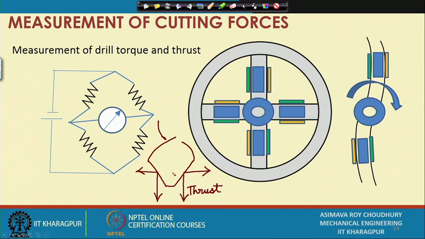Now, in this particular configuration, what happens is, we are having the drill coming from the top. This is the plan view. Okay. In the plan view, we are having 4 beams connecting up the central part, which is the job holder. This holds the drill job.